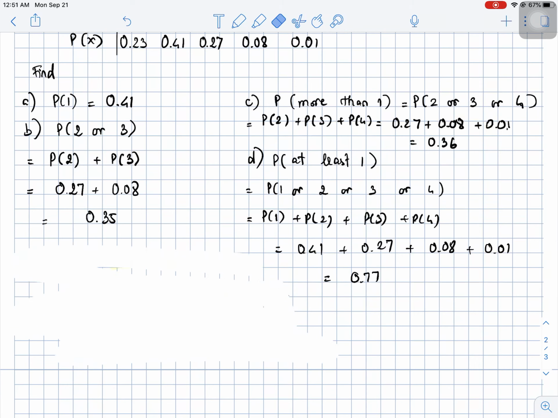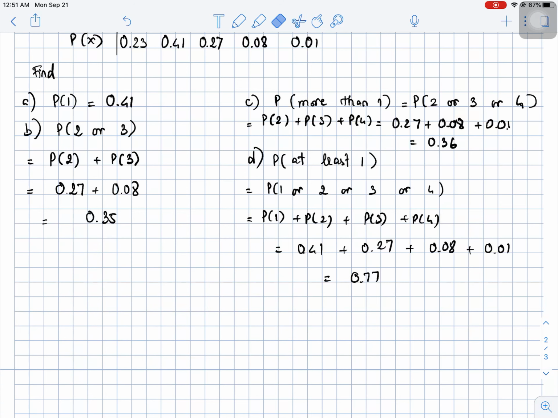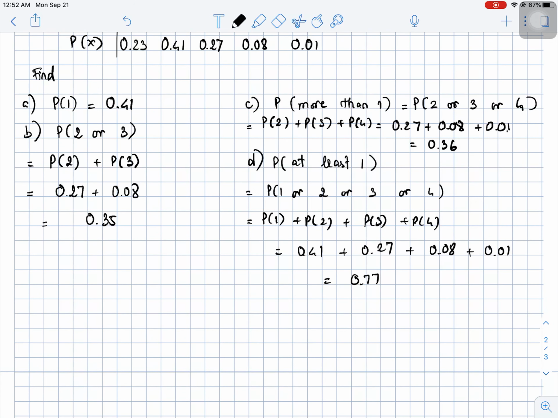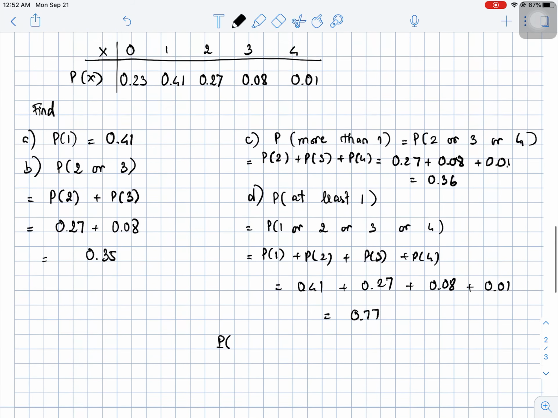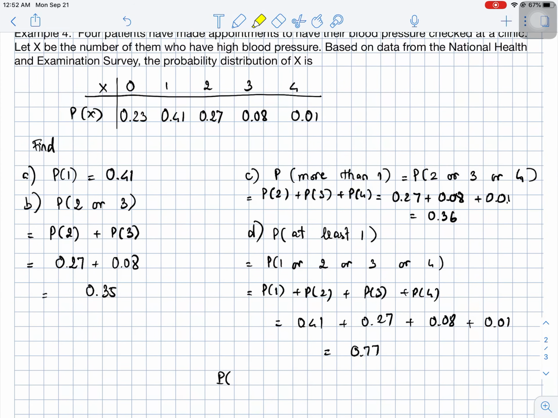So in part D, there is another way for us to do it. If you remember, the probability of at least 1 means 1, 2, 3, and 4. We go back and look at the table.